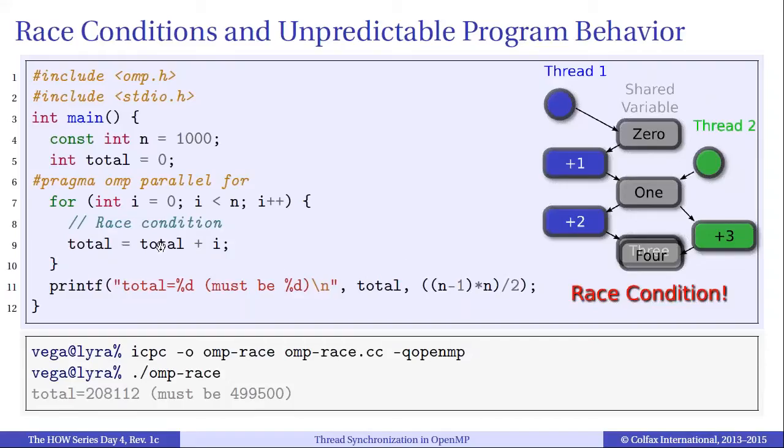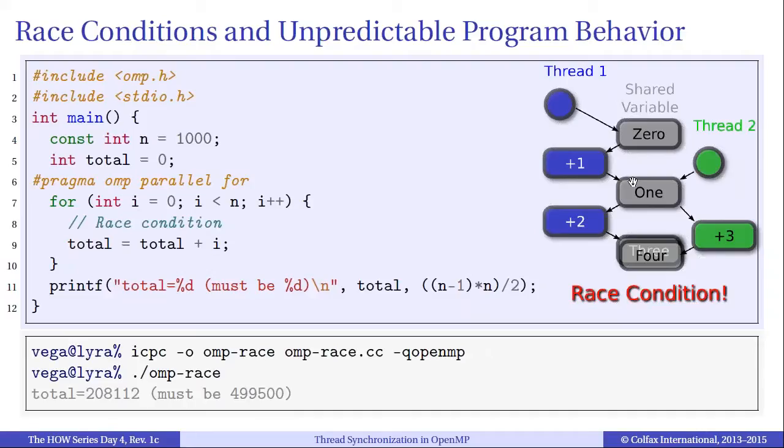And that's because this write operation is actually not one operation. I have to read the value of total, I have to add the increment to it, and then I have to write back in memory. So sometimes you can have one thread reading, incrementing, writing back. This is good.